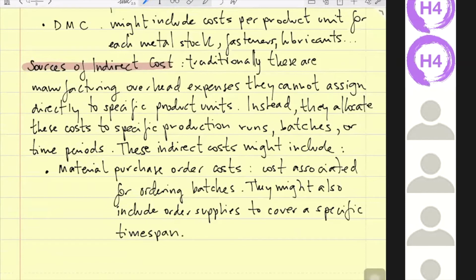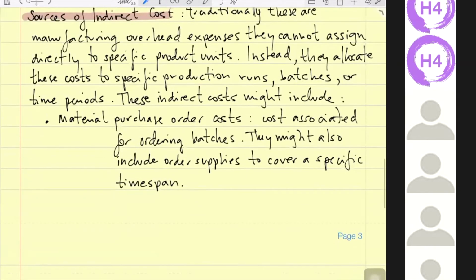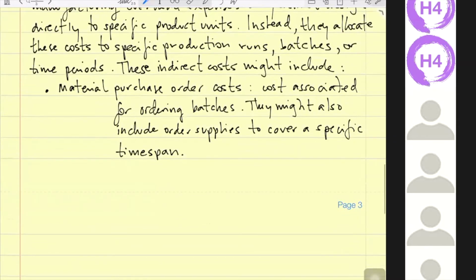Ich bestelle zum Beispiel Material für eine Woche, okay? Man kann auch über Machine Setup Cost reden.